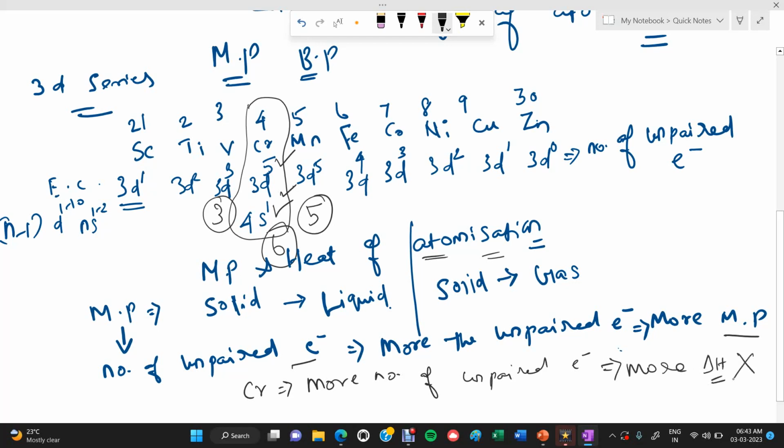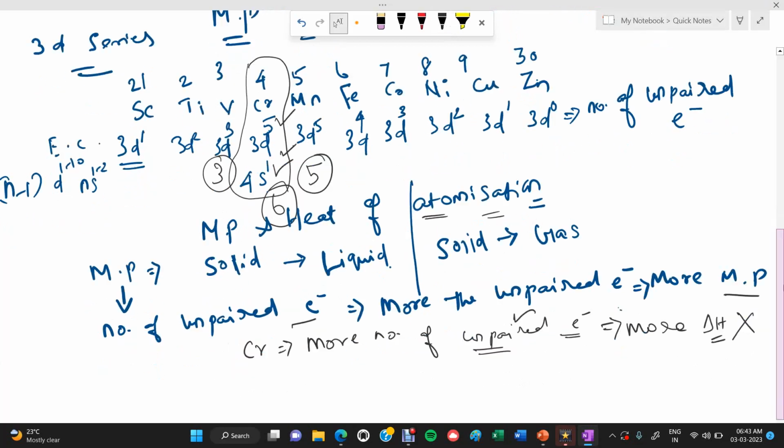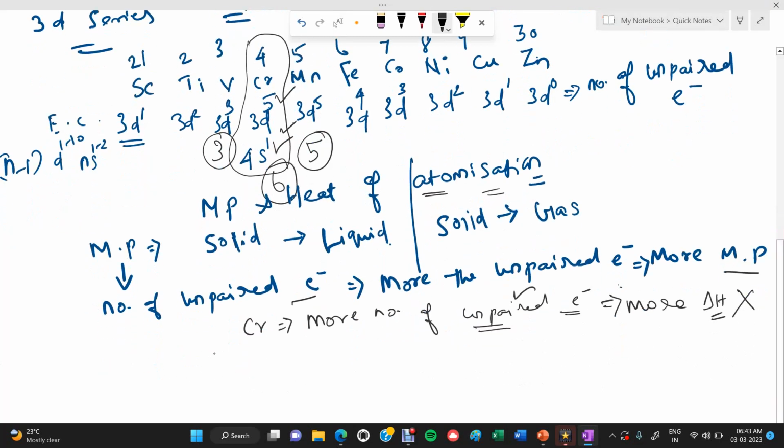But this is not true at all. Chromium has the most unpaired electrons, I accept that. Chromium has 6 unpaired electrons, I accept that. But the enthalpy of atomization for chromium is not like this.